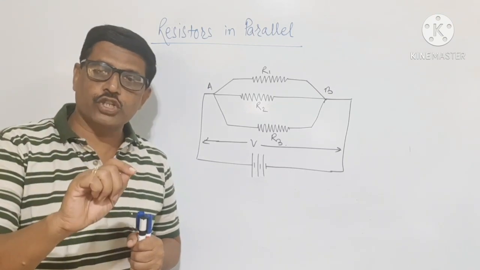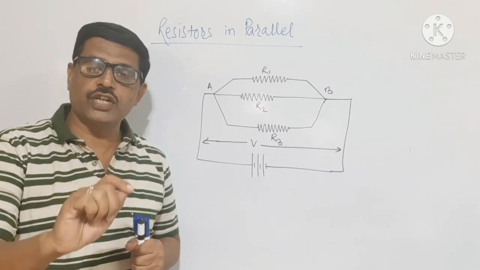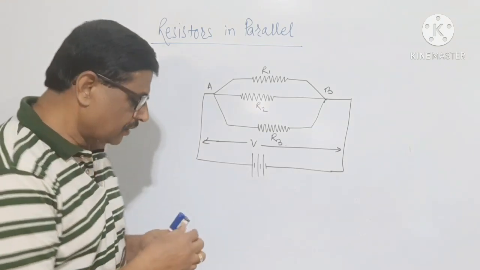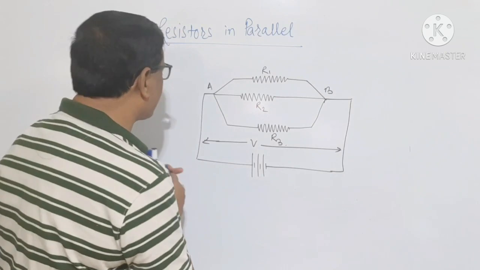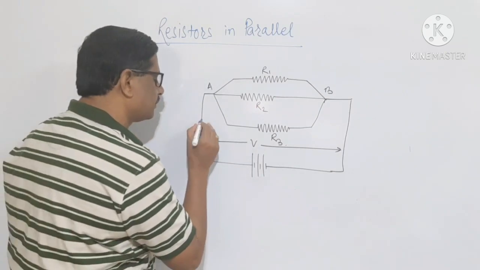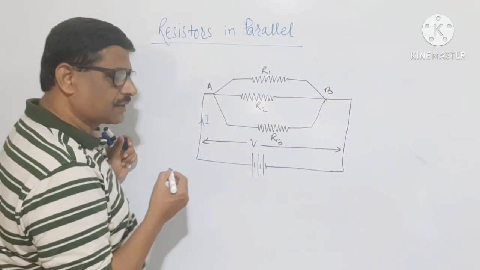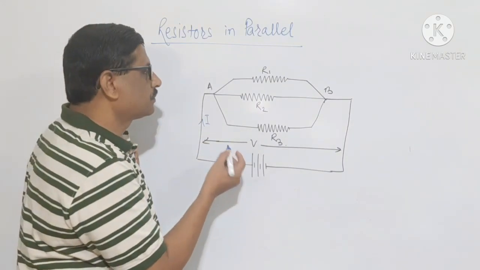In parallel combination of resistors, the potential difference across each of the resistors will be the same, but there will be a branching of current in the circuit. Let this be the current I delivered by the cell.